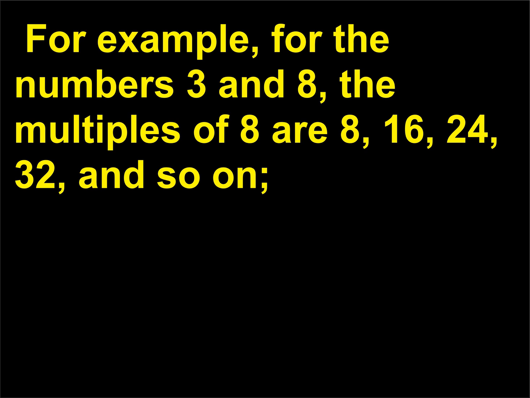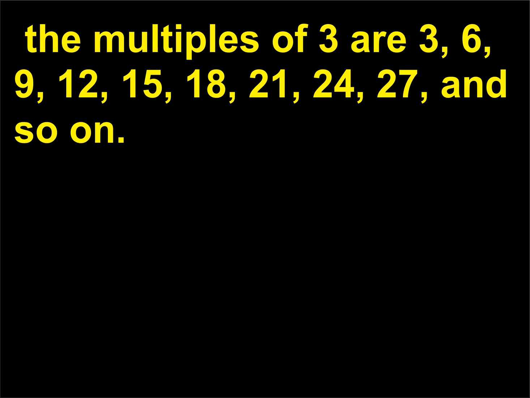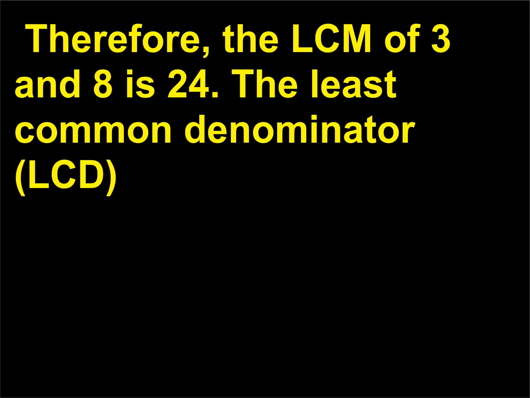For example, for the numbers 3 and 8, the multiples of 8 are 8, 16, 24, 32, and so on. The multiples of 3 are 3, 6, 9, 12, 15, 18, 21, 24, 27, and so on. Therefore, the LCM of 3 and 8 is 24.